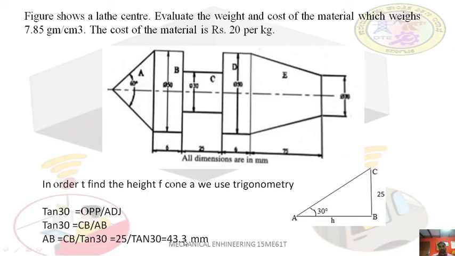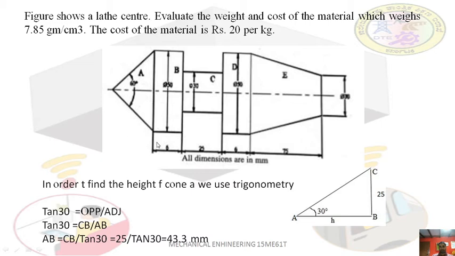Every dimension you need to convert into centimeter because we are calculating the volume in centimeter. So divide by 10 and this will become 4.33 centimeter. So now we know the length of the cone, that is 4.33 centimeter.